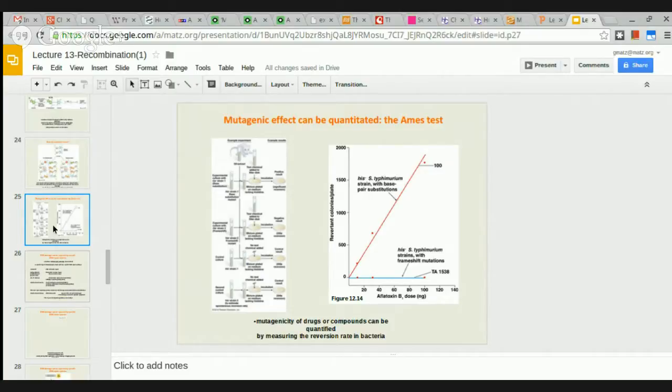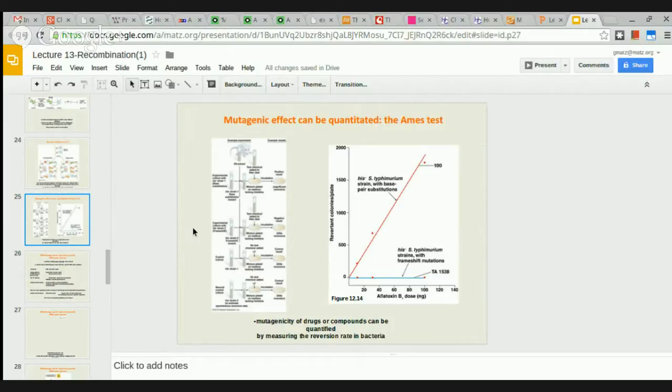This is actually using the reversion rate when, in fact, salmonella is placed in company of that compound. You put it on a plate, then you put the compound on the filter, and it's a His minus strain, and you look at the number of His plus reverters. And the funny thing is they have different strains. Some have frameshift mutations, and I think there's another strain that has a missense mutation, so you can actually look at these compounds reverting different types of mutations, which is important to do.